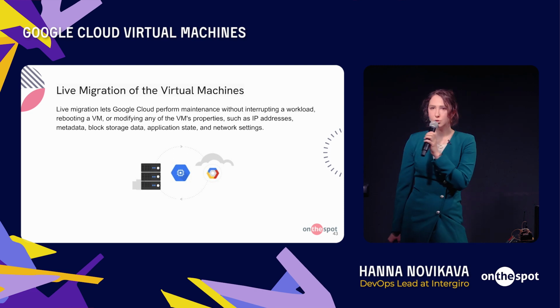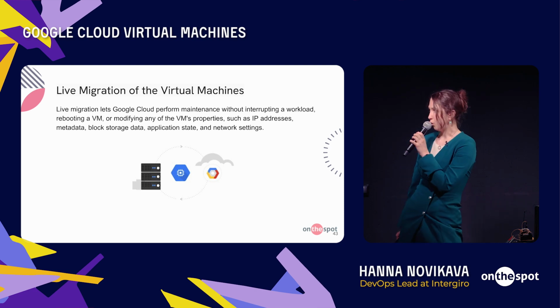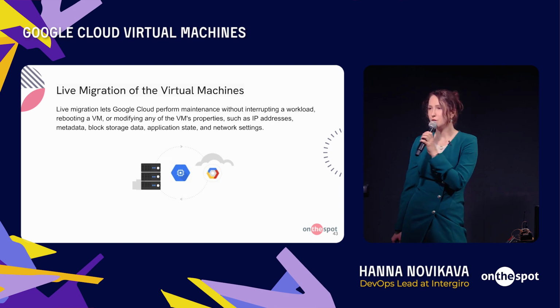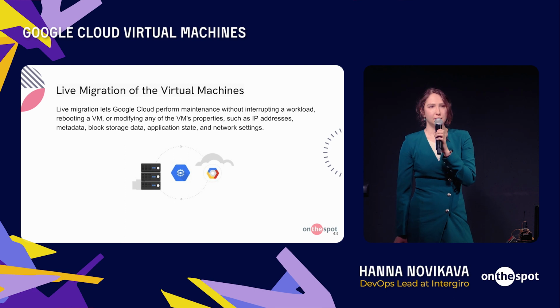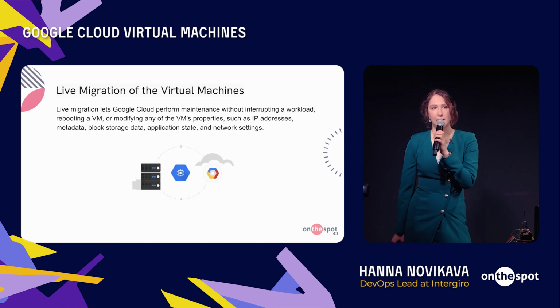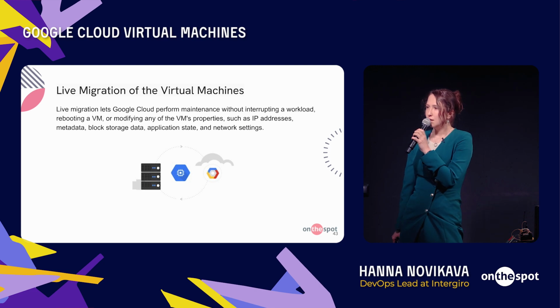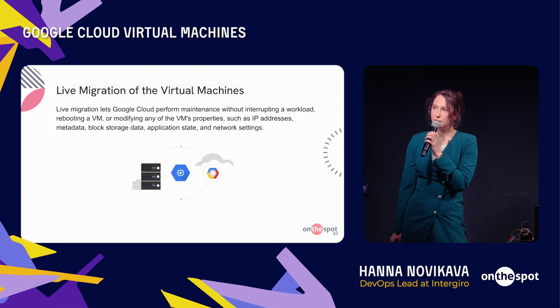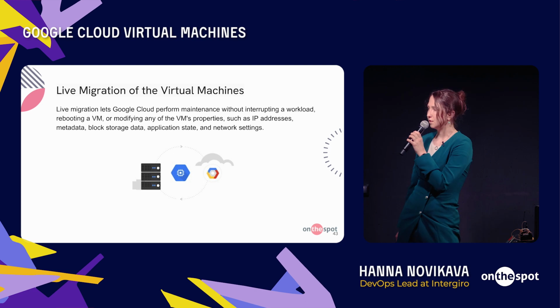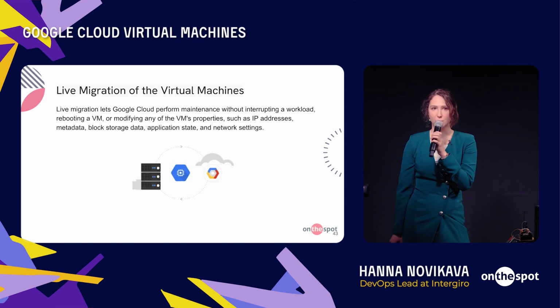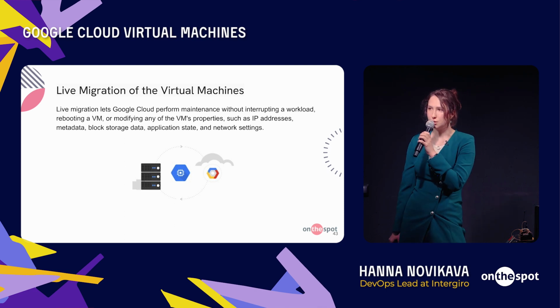But Google Cloud does it without any problems for you, and you don't even know. And we have options like local SSD disks, and if the instance is terminated, you can lose this disk. But when there is a process of live migration, the disk will be available, and we won't lose data on this disk.